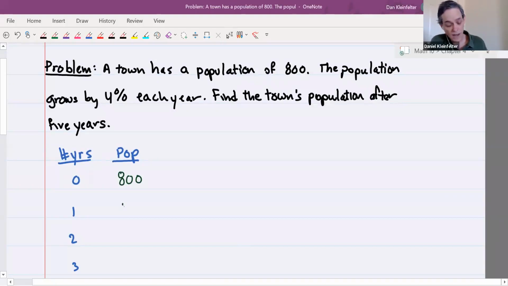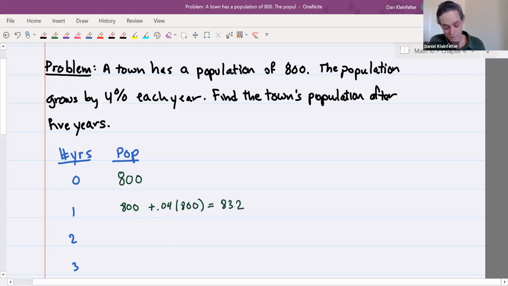So we'll have the 800 initial population, and then we'll add to it 4% of that initial population. Okay, and so 4% of 800 is 32, right? So this will go up to 832.